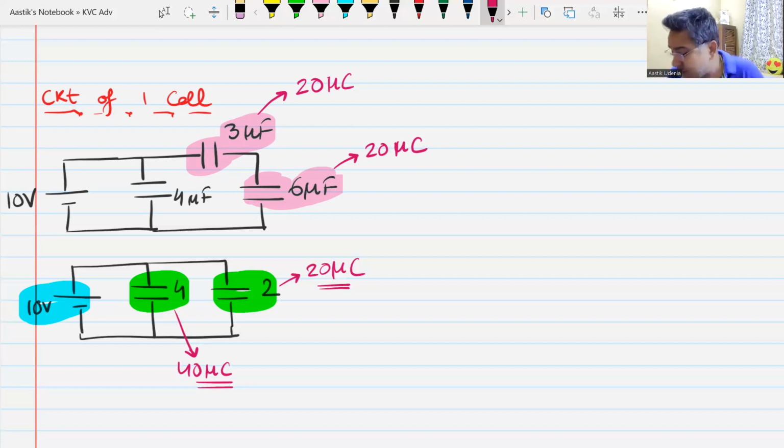Once you know that, you can also find the potential drop across each of the capacitors. The potential drop across this capacitor, Q is equal to CV is the only formula that you know. So potential drop across this one will be 20 by 3 volt and potential drop across this will be 20 by 6.